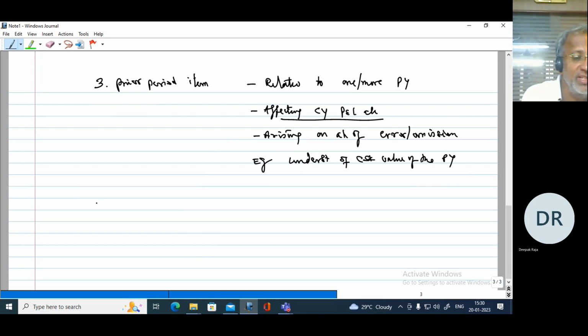Then the next one is changes in accounting estimates. What do you mean by changes in accounting estimates? Accurate measures are not at all possible in accounting. How come? You create provisions for your warranty, guarantee and all that.